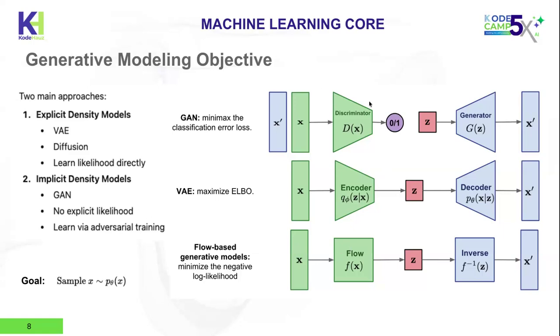So this is an example of it. In the GAN, the adversary is called the discriminator. And the discriminator is the one that will give a score whether it has been able to detect that what the generator has generated is real or not.